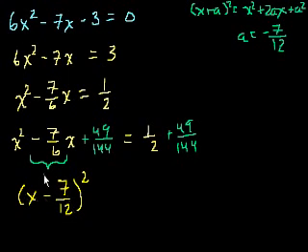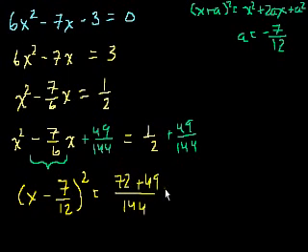And if you want, you can multiply this out and confirm that it truly equals this. And that is going to be equal to, let's get a common denominator, 144. So 72 plus 49, it equals 121. 121 over 144. So we have x minus 7/12, all of that squared is equal to 121 over 144.